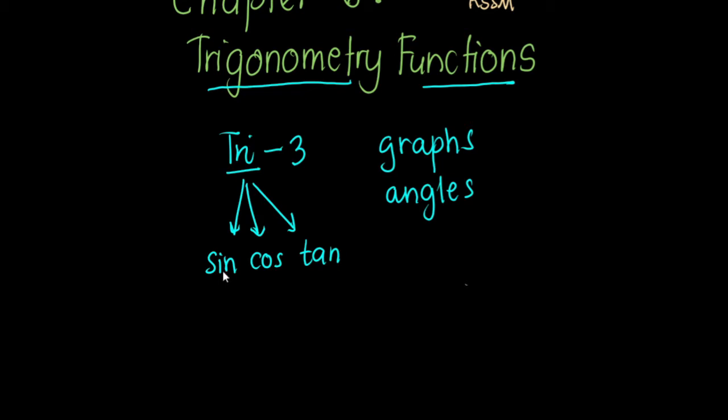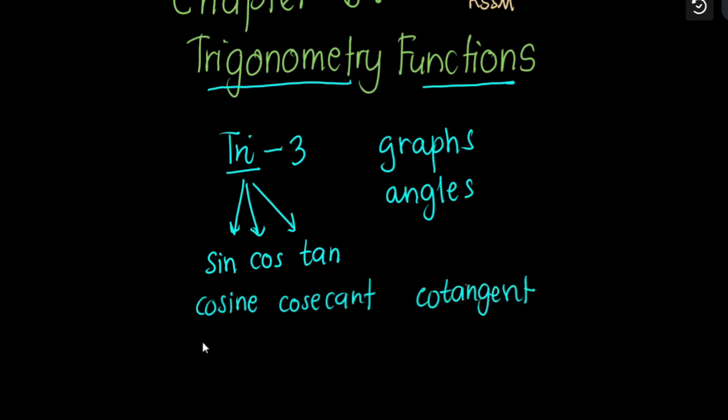The best friend of sine is cosine, cos will be cosecant, and tangent will be cotangent. So these are the other three. You should know that these are the main family and these are like their branches.